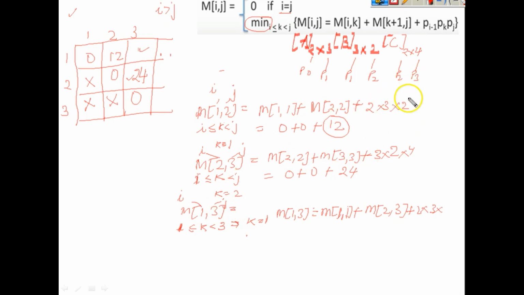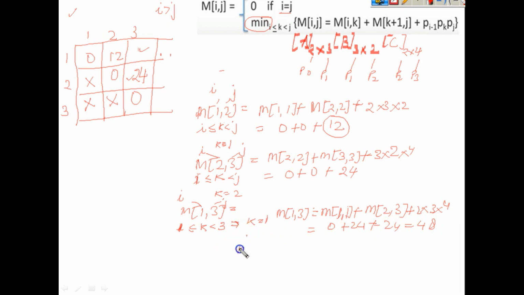J is 3 here, so this is 4. So you can find here this is 0, and M23 we already found out is 24, and this is 24, which is equal to 48.